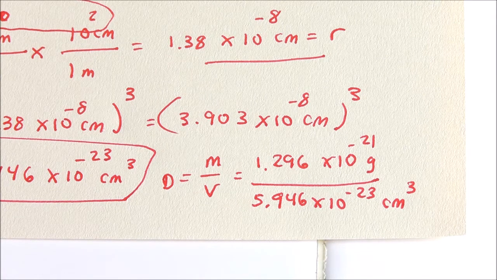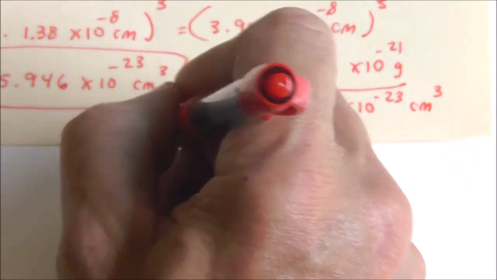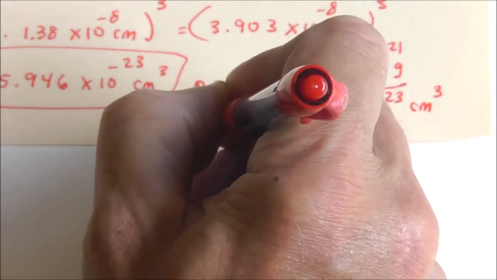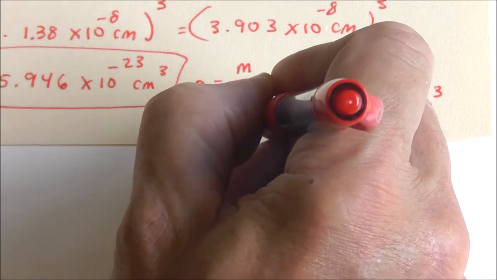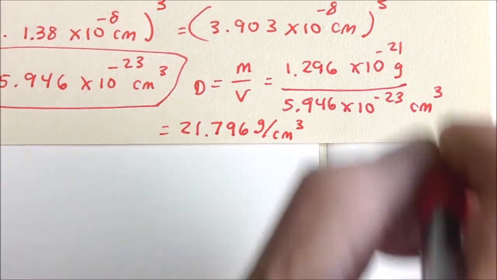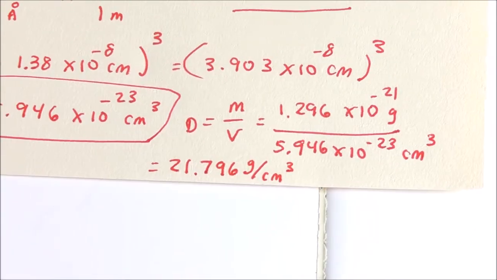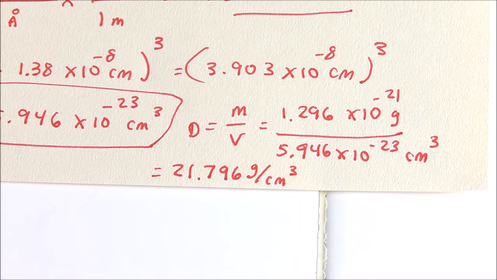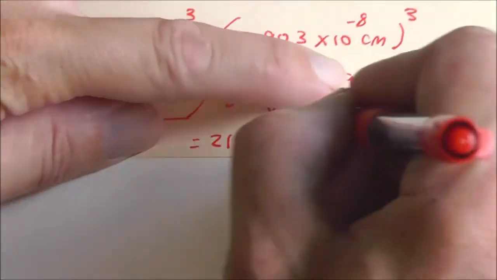And that's 21.796. That's a big density, huh? Now, let's be scientific. Let's be sig fig conscious. I'm going to trim that to 3 digits because the only number I was given was in 3 digits: 21.8.